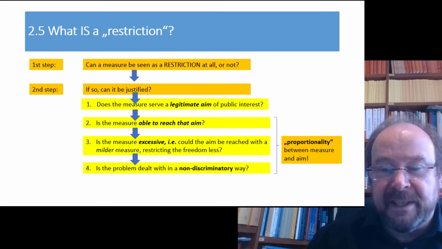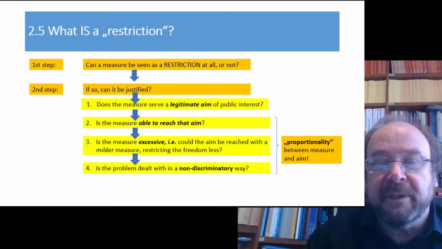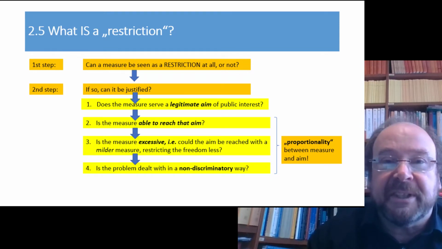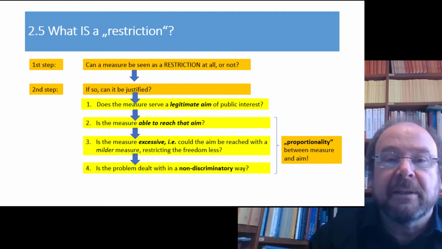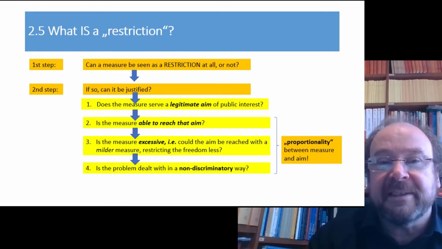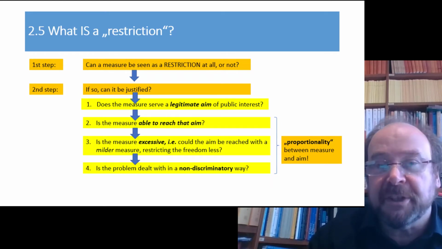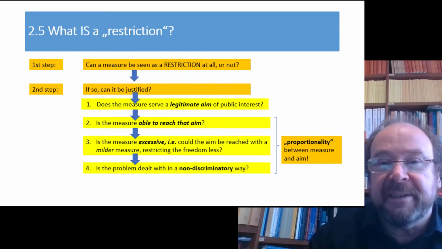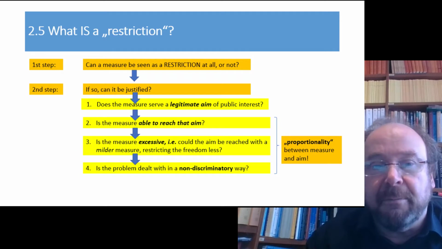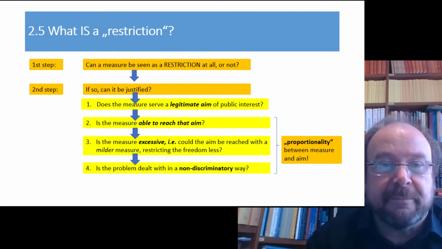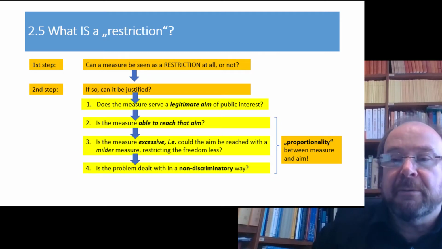These last three aspects also sometimes go in literature and jurisdiction under the headline of the restriction must be proportionate. So the proportionality of the measure, that means there must be the right proportion between what the measure inflicts to that fundamental freedom as a damage and the importance of that public aim which one follows.